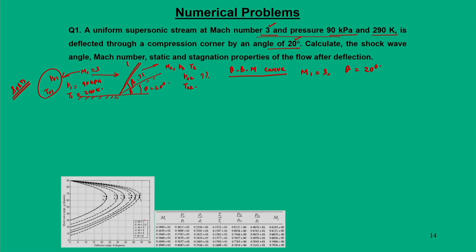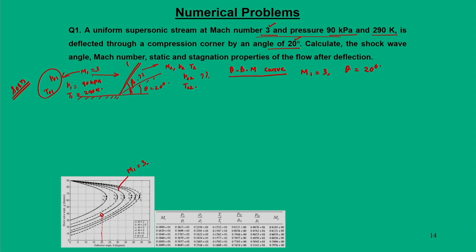Here, the curve for M1 of 3 could be noticed between B, which is 2.5, and C, so we can go for curve C. This curve C refers to M1 equal to 3. For this particular curve and for theta equal to 20 degree, we can locate this point.